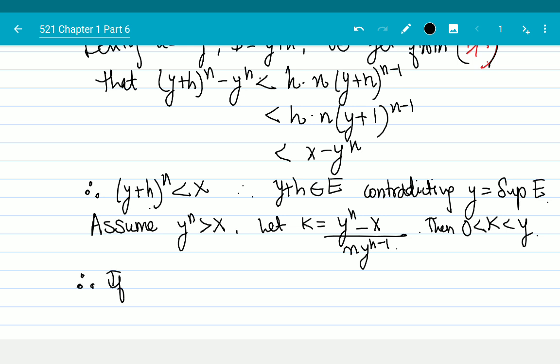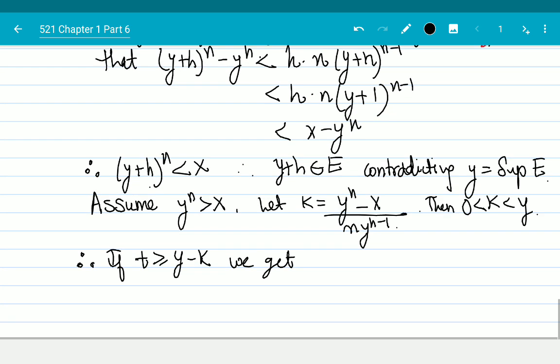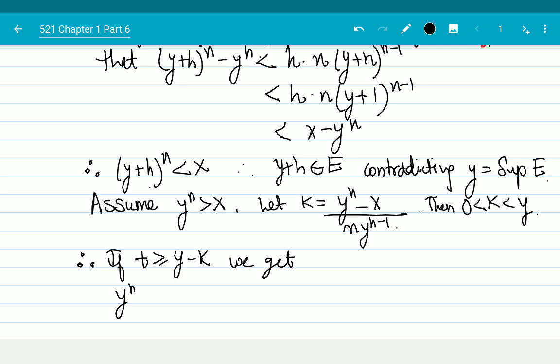Therefore, if T is greater than or equal to Y minus K, we get Y to the N minus T to the N is smaller than or equal to Y to the N minus Y minus K to the N, because T is greater than that.